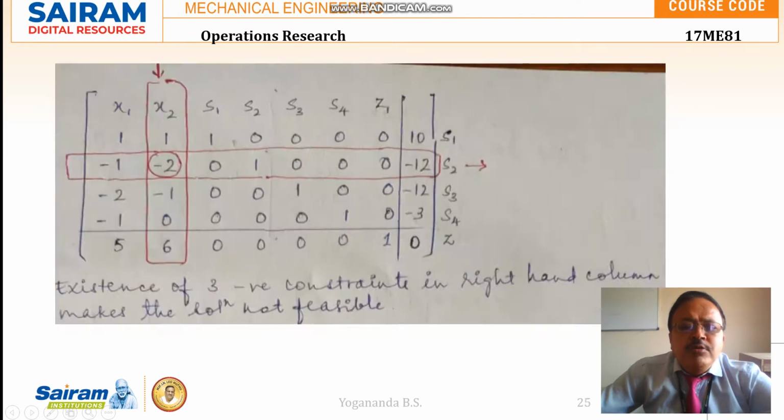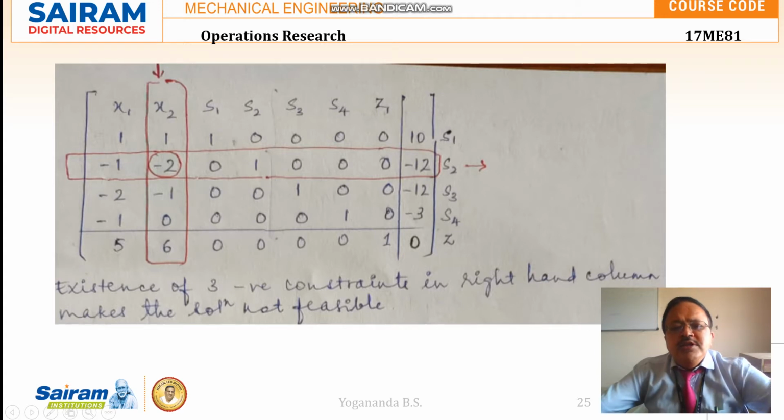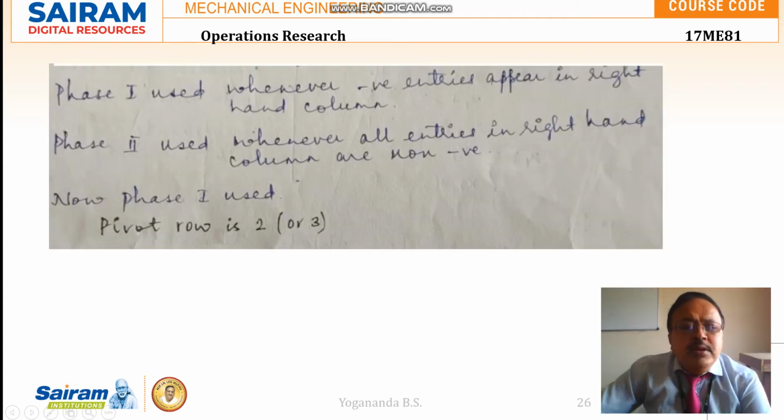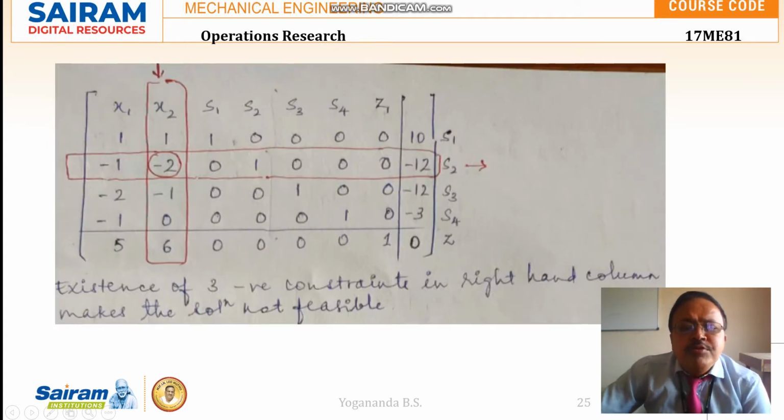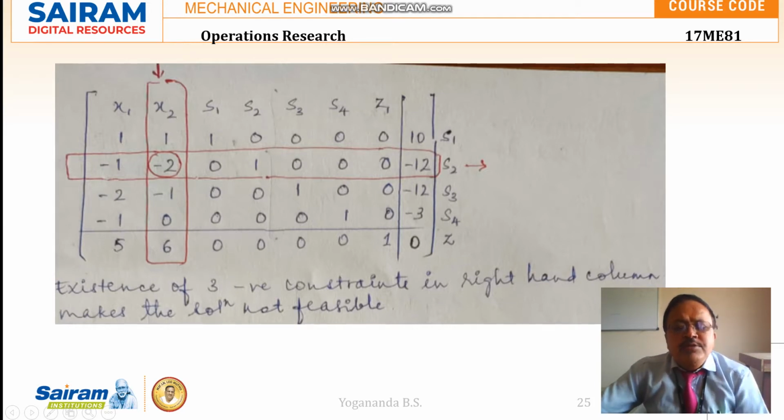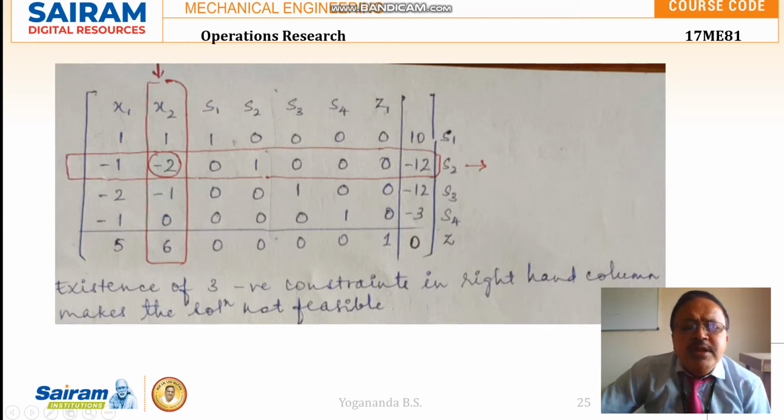Now in phase 1, how do we convert all the negative entries into positive entries? Take the most negative one, out of minus 12 and minus 3. Minus 12 is the most negative one. That is present in row number 2 as well as row number 3.